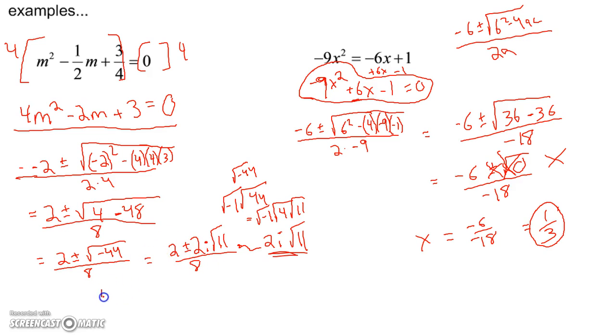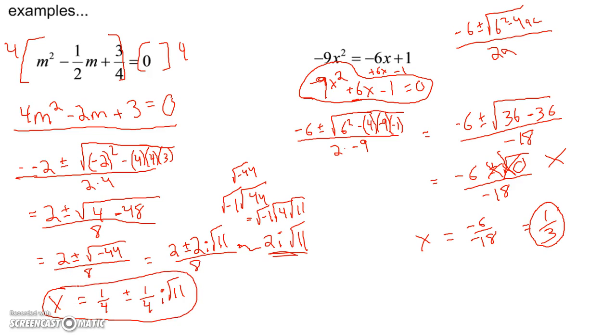So it's 1/4 plus or minus 1/4 i radical 11. You can't actually calculate this, because that's an imaginary number, so this doesn't have a numerical value, but that is what x is in this case. Okay, that's all there is to this.